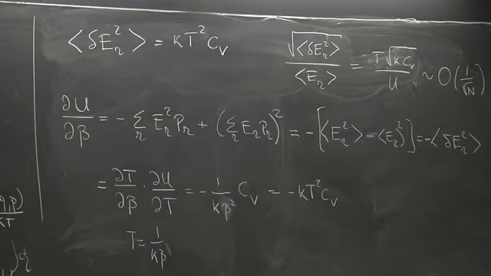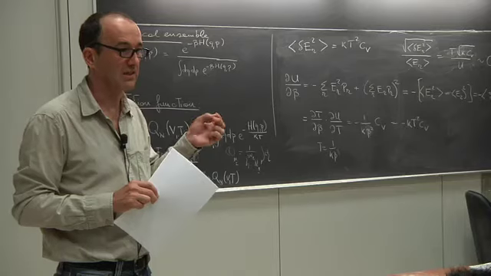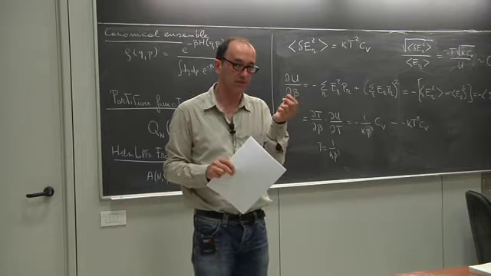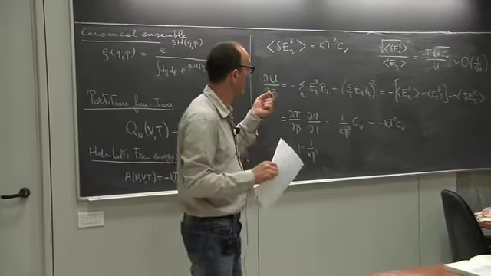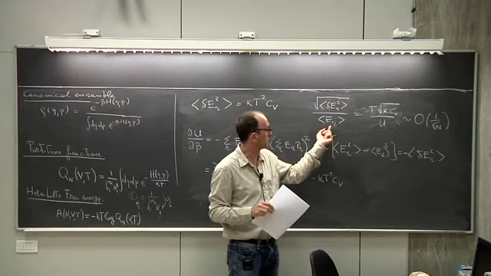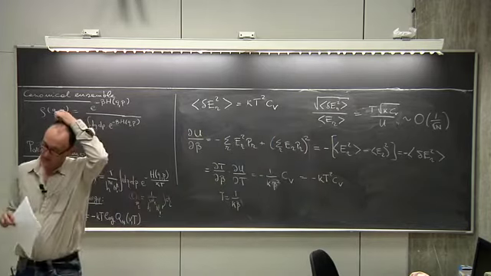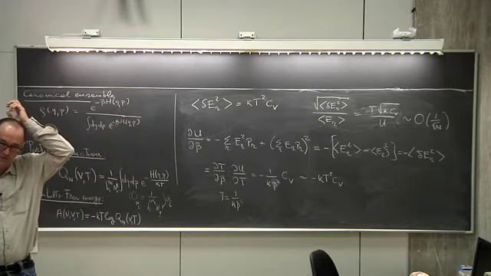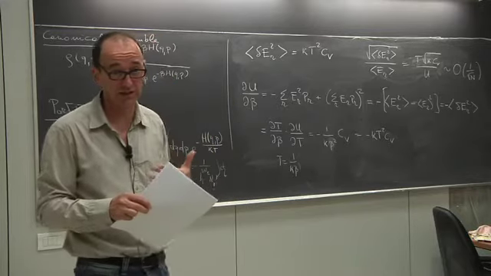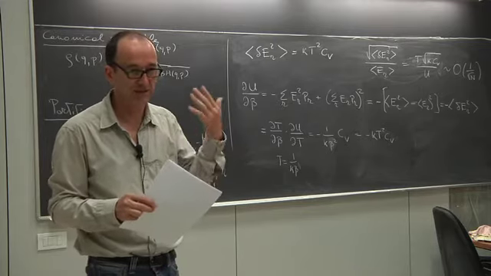So even if the energy is not fixed in the probability distribution, I will only observe values of the energy which are essentially equal to the average energy, and the relative deviation which I will observe from that is of order 1 over square root N, where N is very, very large, like 10 to the 23.